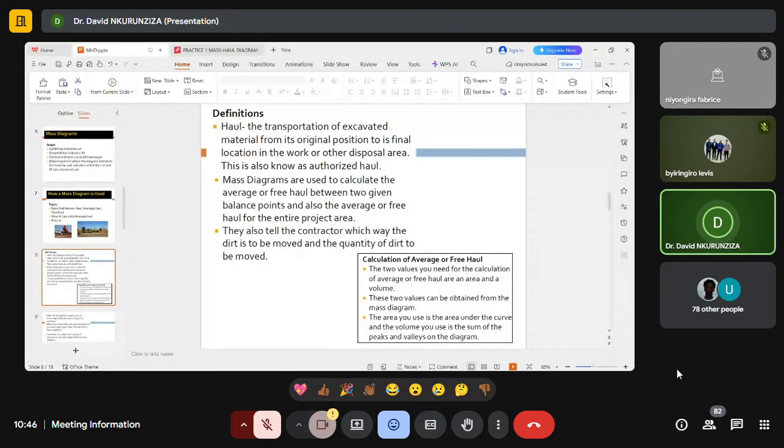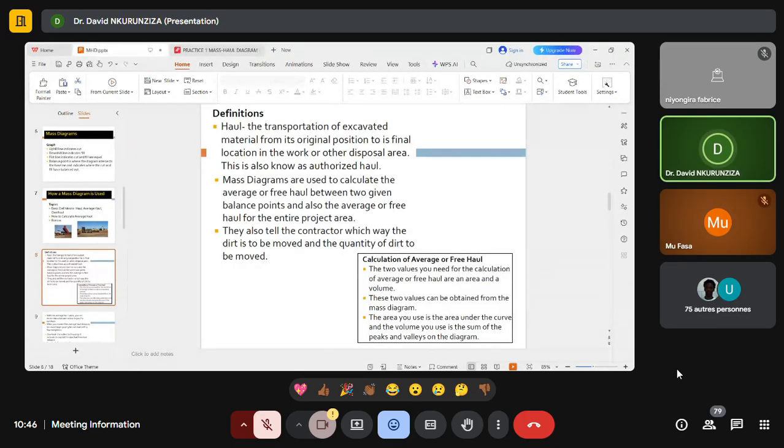So when you say origin and final destination, that distance is known as the haul. Of course, mass haul diagrams are used to calculate the average and the free haul between two given balance points. So we have the two balance points and also the average or free haul for the entire project area. This will depend on how the area is.